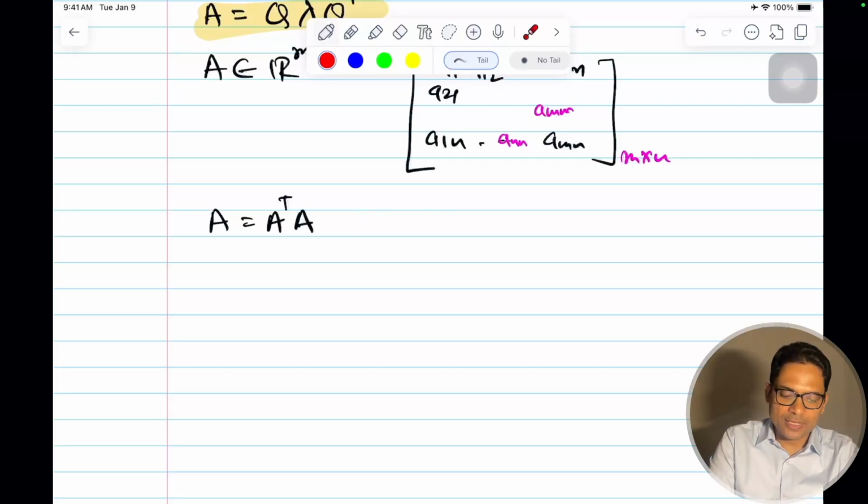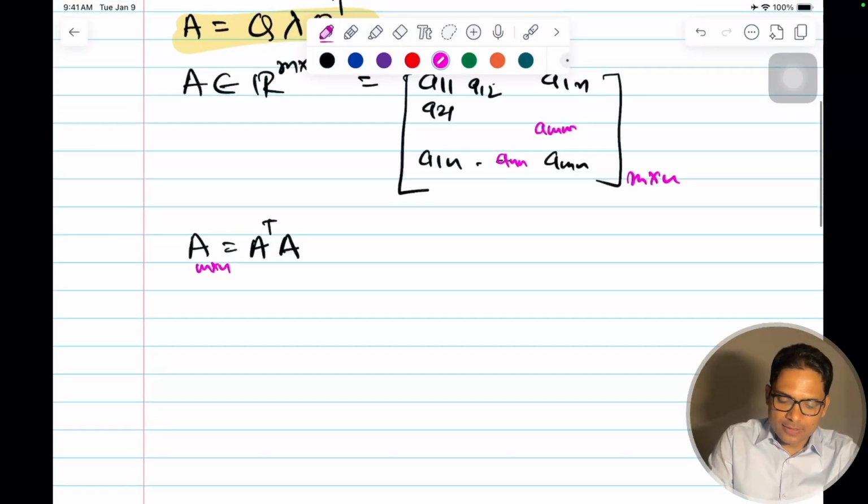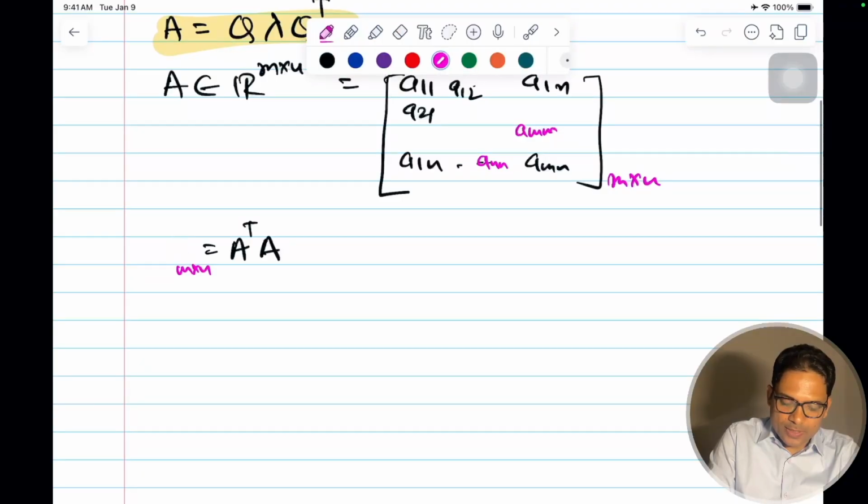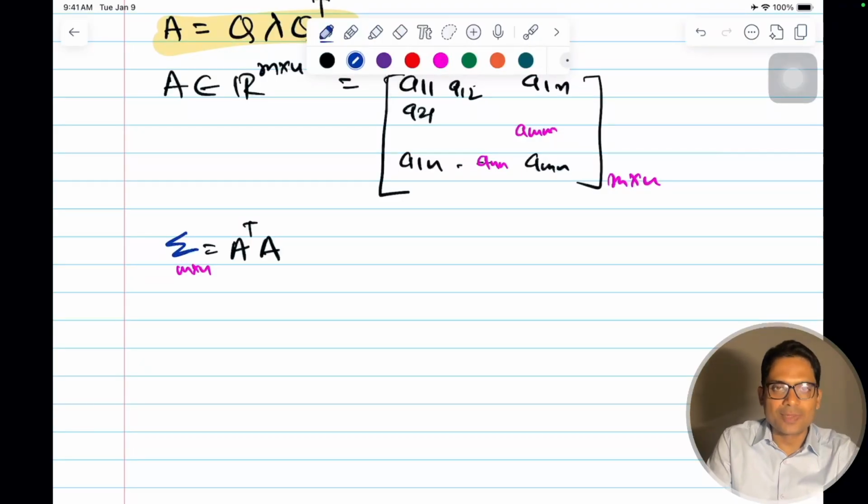What will be the dimension? This is generally given by sigma, the covariance matrix.